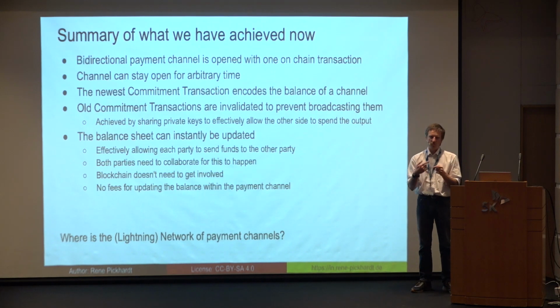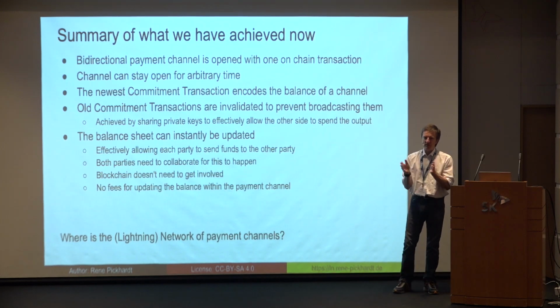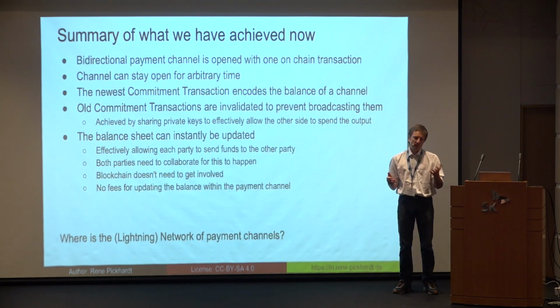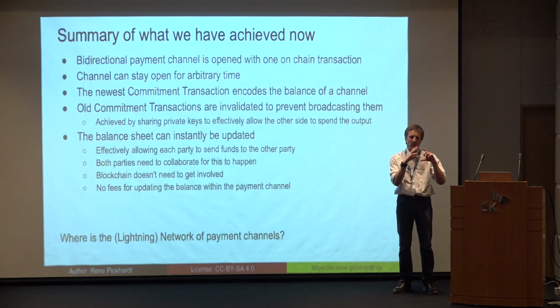It's just that this solution works on a peer-to-peer basis, and opening channels with all those people you pay or receive funds from is a little bit infeasible. The other problem is you don't know how much the capacity should be. With the coffee shop, it's fine because you know roughly how much a coffee costs.